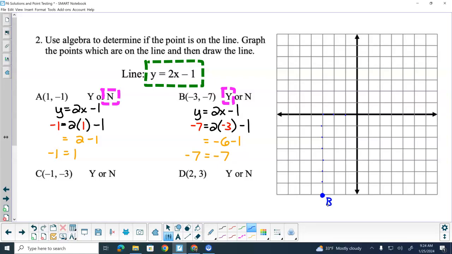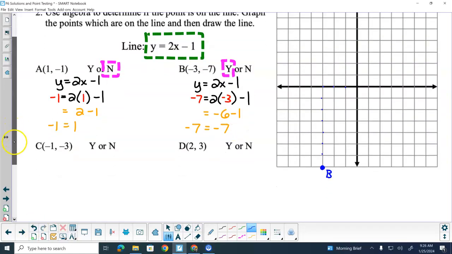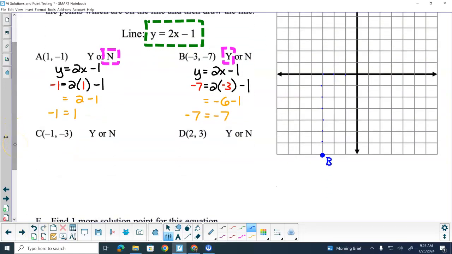You try C. Tell me if C is on the line or not. C, on or off the line? Y equals 2x minus 1. Y is negative 3. X is negative 1.